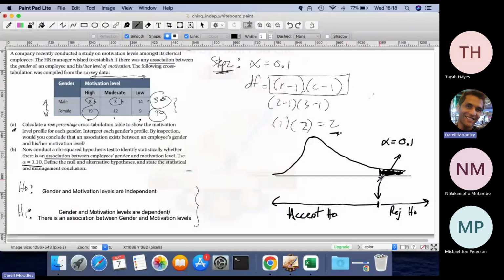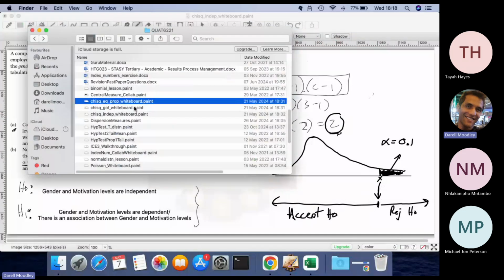All right, now let's go and find this unknown value here. Now, remember, our degrees of freedom is 2. Okay, so I'm just going to open up the chi-square table.